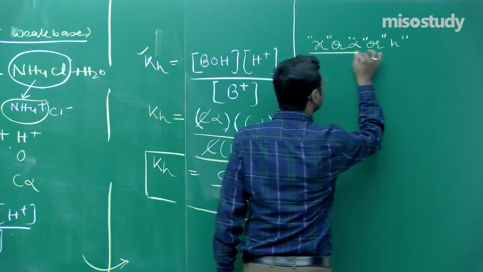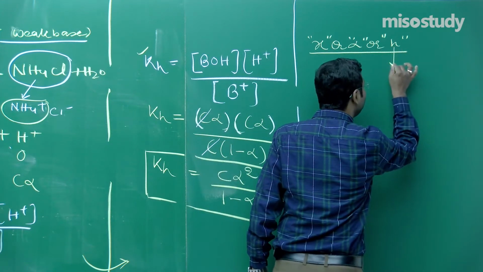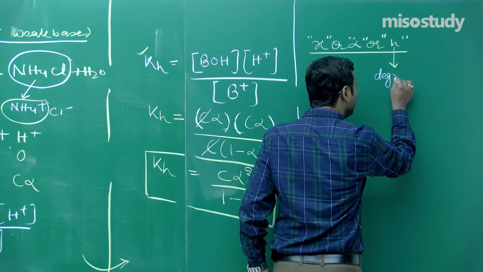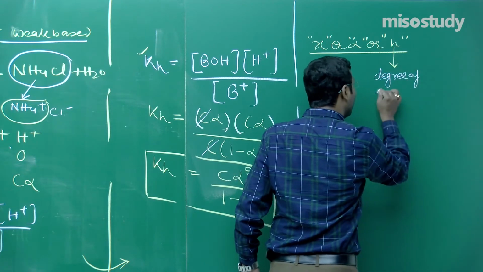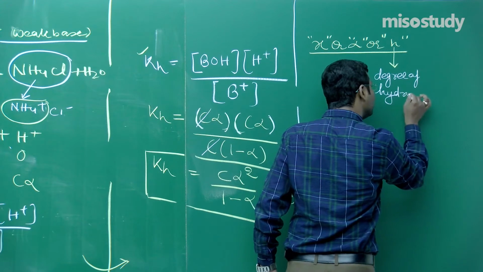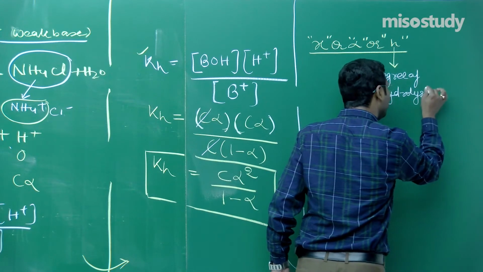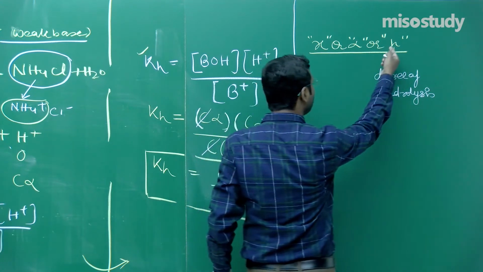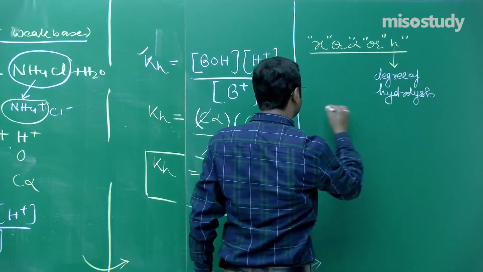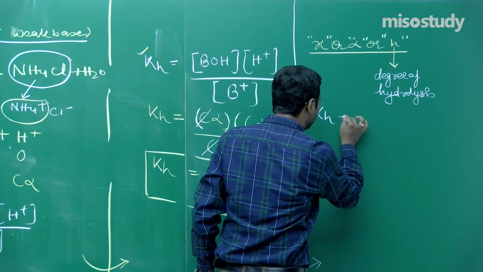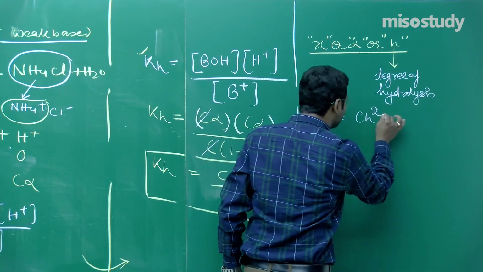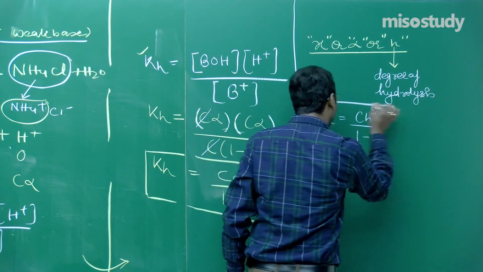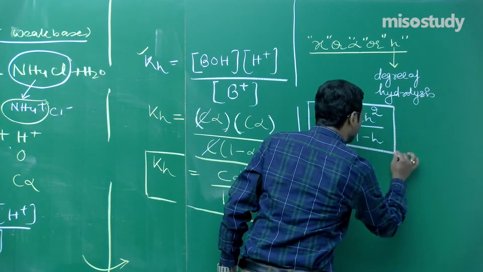In case of salt, you have to write H, and this H is known as the degree of hydrolysis. So you can replace alpha with H and write KH is equal to CH square upon 1 minus H. I hope it is gettable to you.